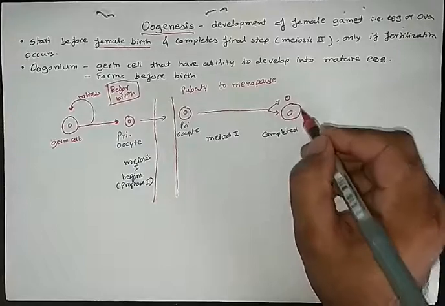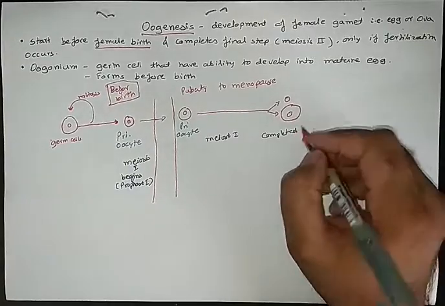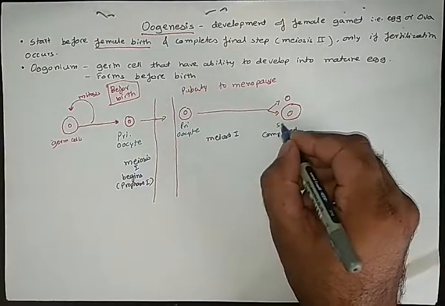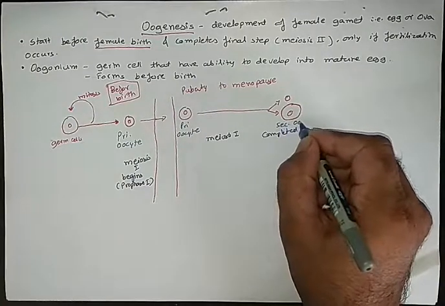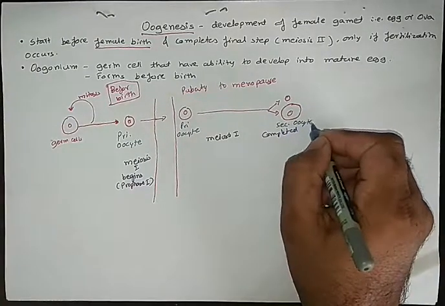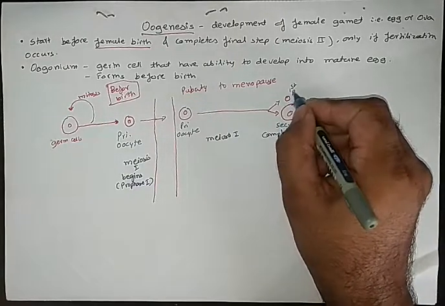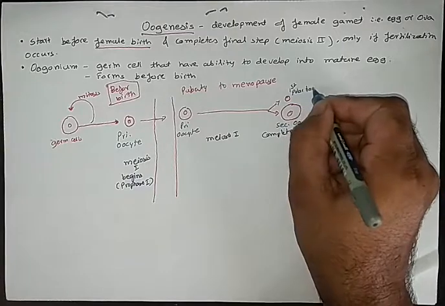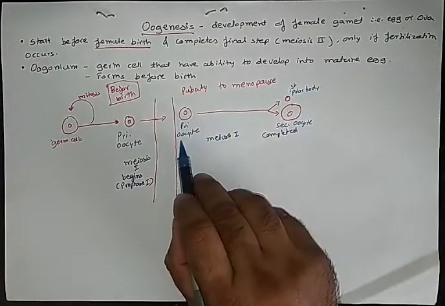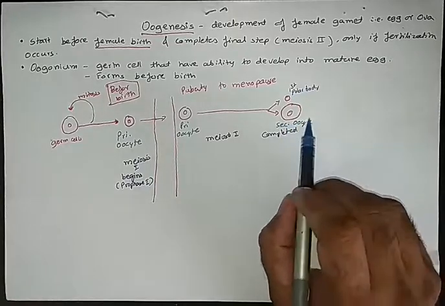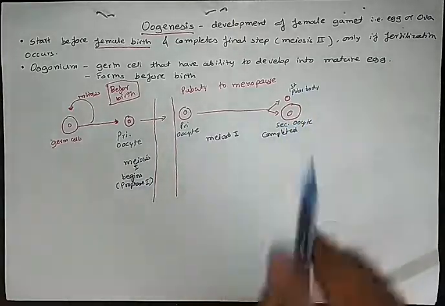So this is a secondary oocyte and this is a polar body, that is the first polar body. So the primary oocyte converts into the first polar body and secondary oocyte during the completion of meiosis 1.